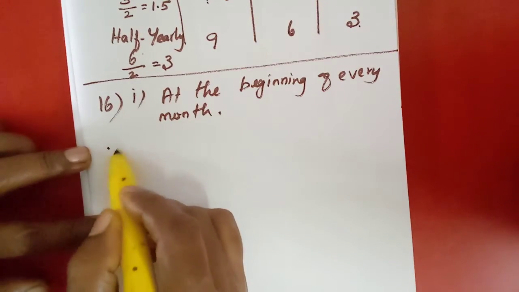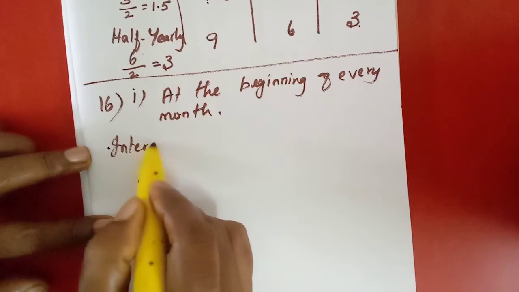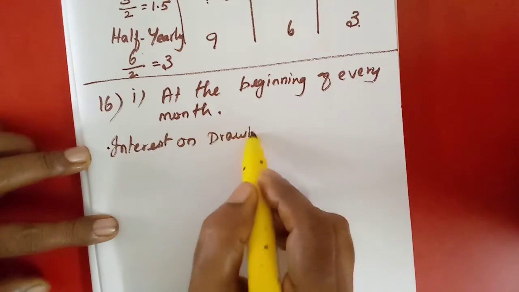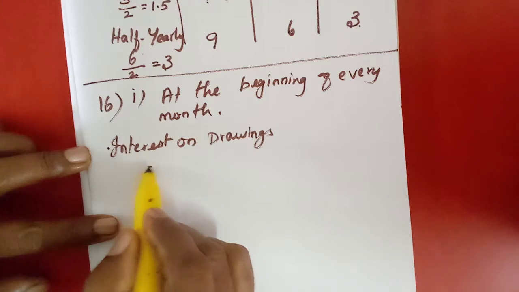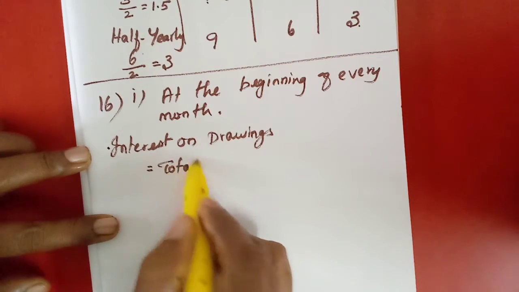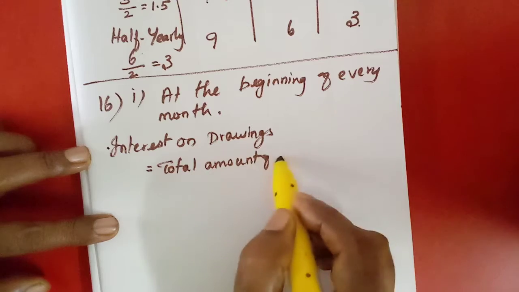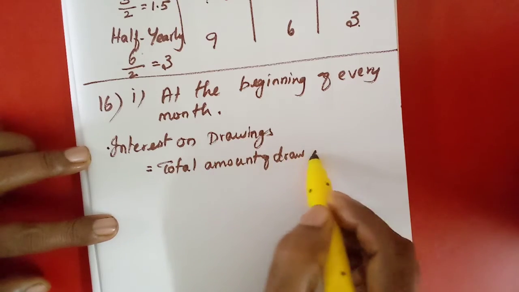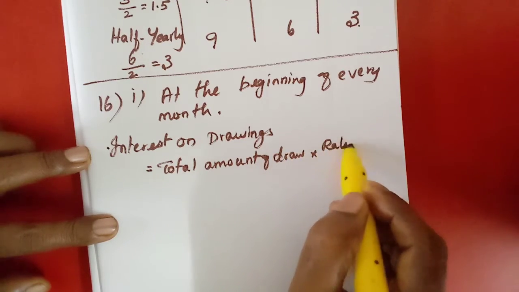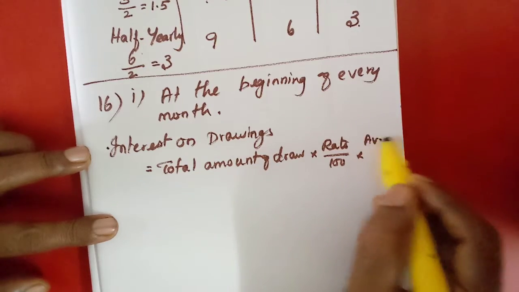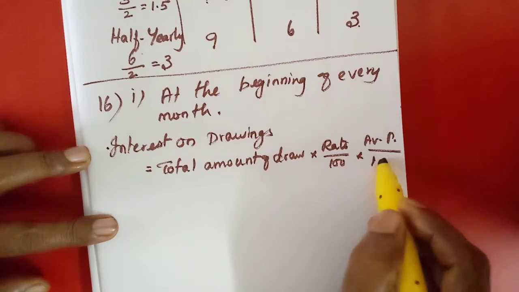Okay, you directly write interest on drawings. Interest on drawings is equal to the formula you write: total amount of drawings into rate by 100 into average period by 12.